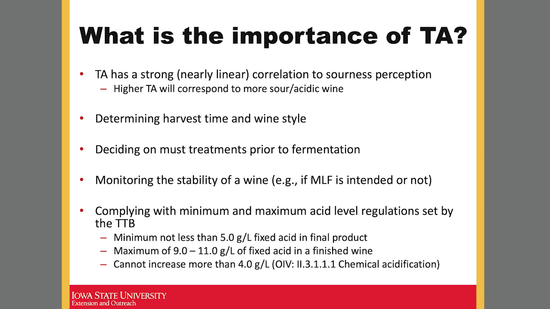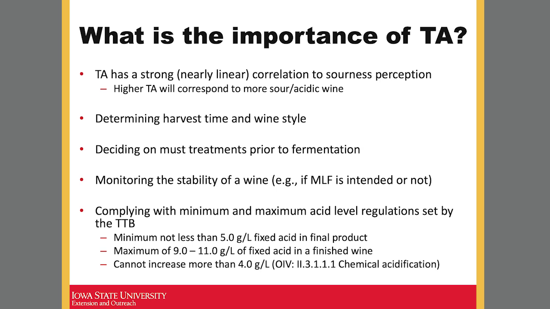You may do malolactic fermentation to change the organic acid that is found and to change that acidic sourness perception. You may do blending. You may do amelioration, which is adding water to dilute the acidity. So there are many different techniques to de-acidify or to acidify.